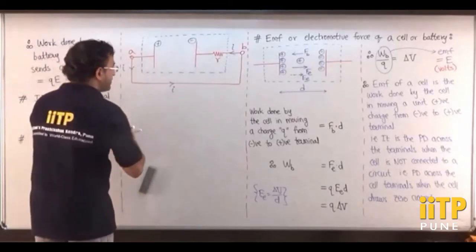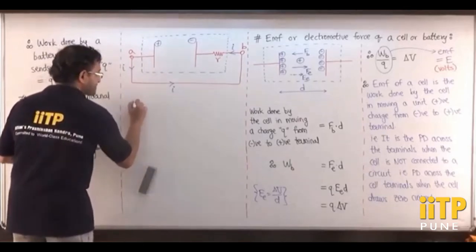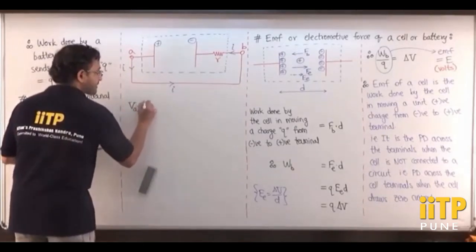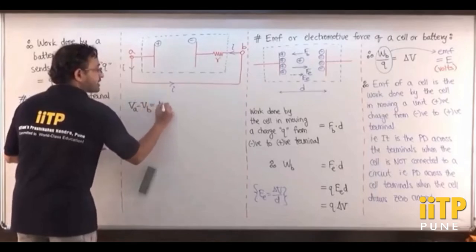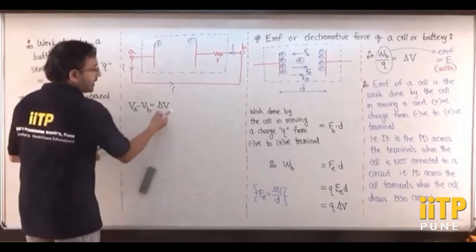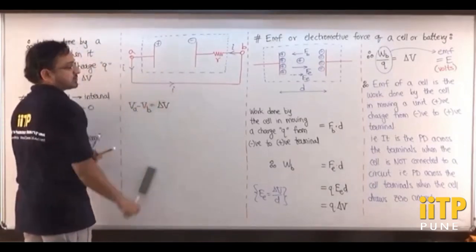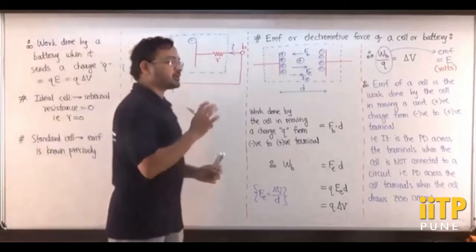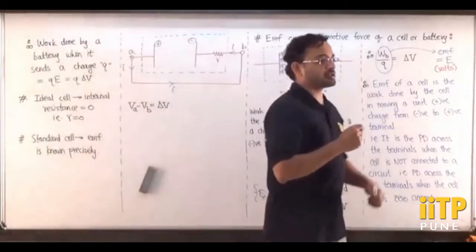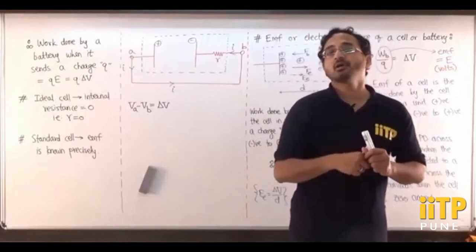So I start by writing VA minus VB, which is also delta V. If it is delta, that delta has to be understood as final minus initial. This is again one of the places where students are a little bit careless and then end up having sign mistakes.